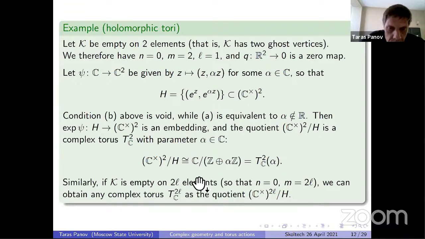So now again, a complex torus you get, instead of writing as the quotient of CL by a full rank lattice, you write it as a quotient of C star to the power 2L by C to the power L. So this complex torus is a moment angle manifold corresponding to the empty simplicial complex, and it has a complex structure as this quotient.